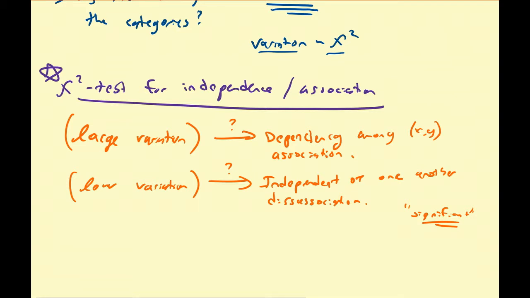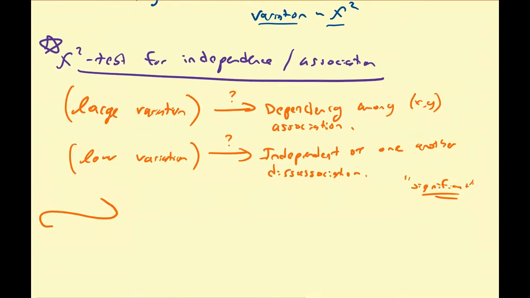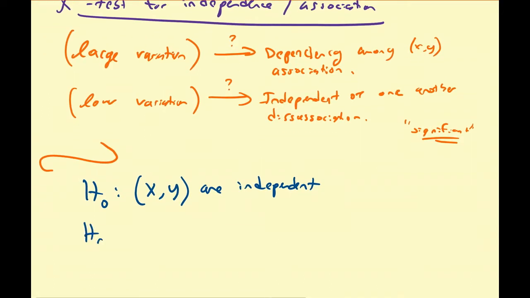All right, so since we're going to perform a hypothesis test, we need to declare a null and alternative hypothesis. The null hypothesis is that X and Y are independent of one another. If that is our null hypothesis, then a fair alternative is that X and Y are not independent of one another. We're not going to say that our alternative is that X and Y are dependent on one another, because if we say that, then we have to prove that there's some functional relationship or some causational effect between the two.